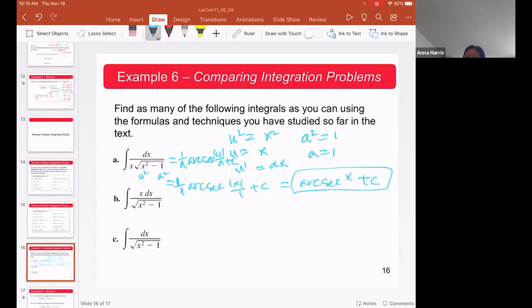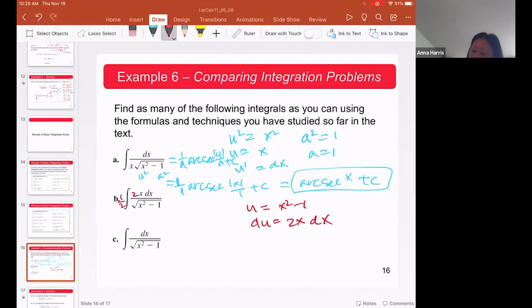Now let's look at the second one. Do I know how to do this problem? Okay, in this case, since x is in the numerator, I am not going to use any of the inverse trigonometric functions. This is just simply a u substitution problem. So you're going to say, okay, my u is equal to x squared minus 1. So du is equal to 2x dx. So I need to put the 1/2 in the front.